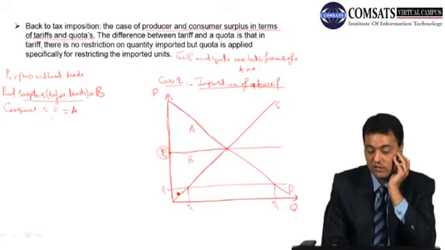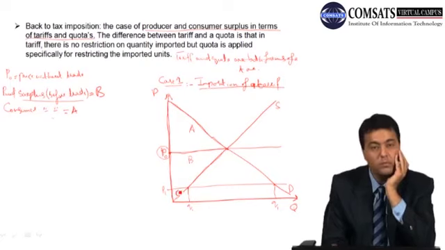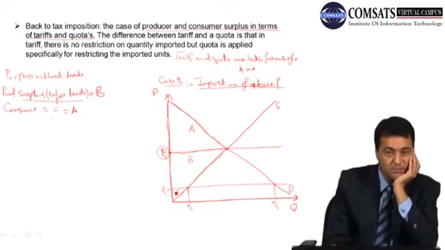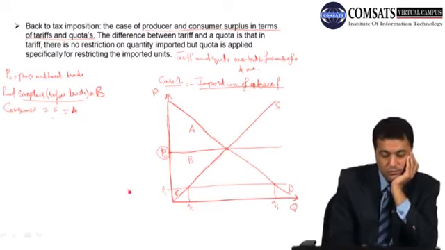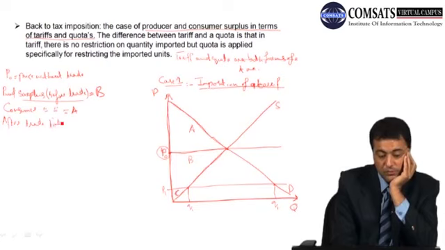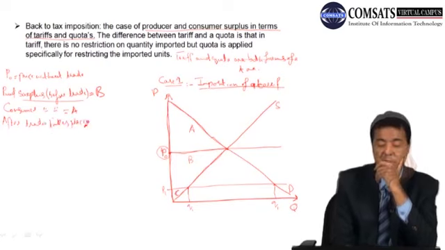Let us say this is area C. This is then after trade takes place, price equals P1.